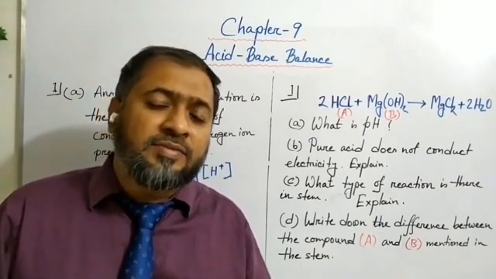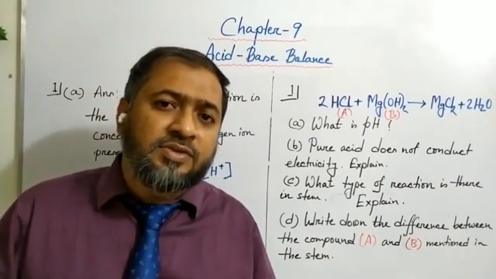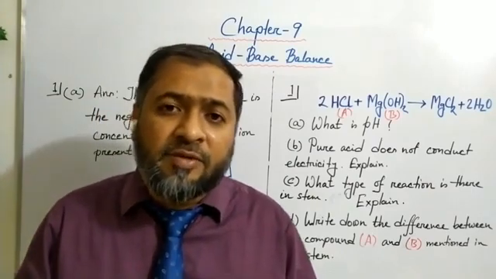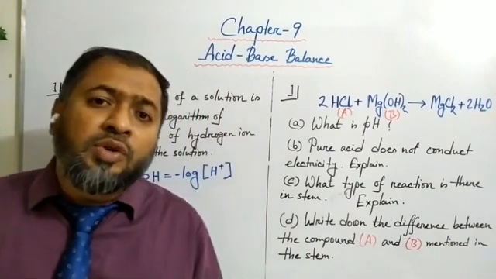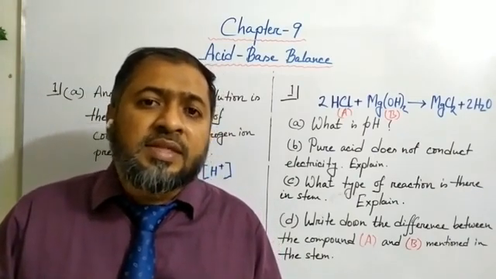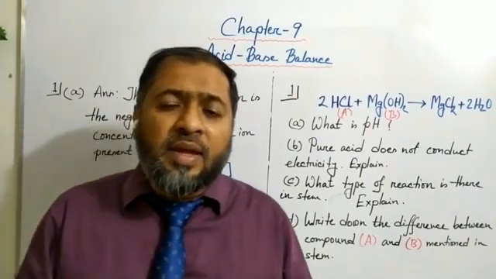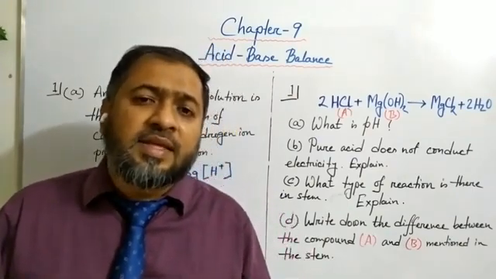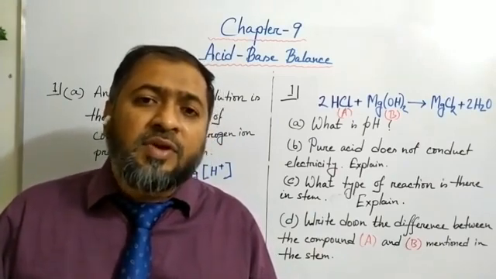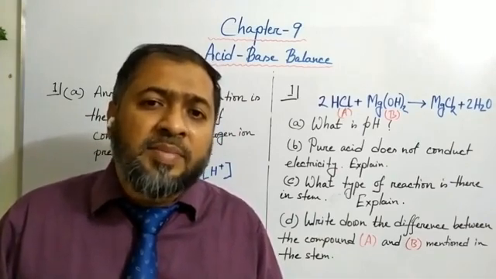Similarly, if a solution is basic, we can find out how intensely basic it is from the pH value. We know the pH value of a neutral solution is 7. When the pH value is less than 7, the solution is acidic. When the pH value is more than 7, the solution is basic.